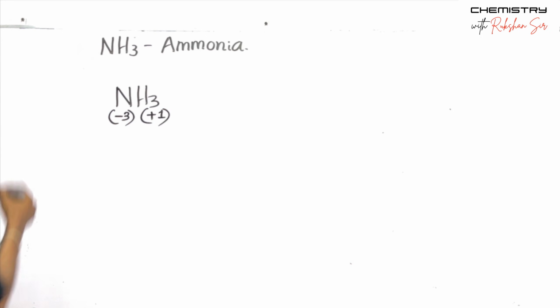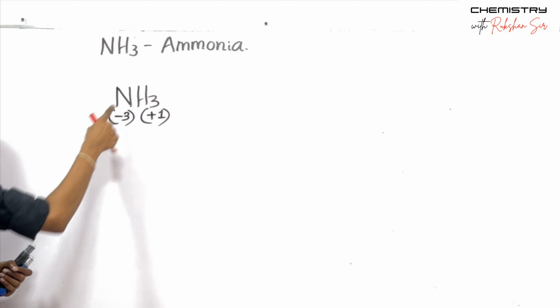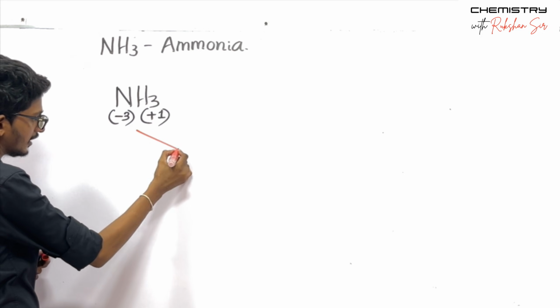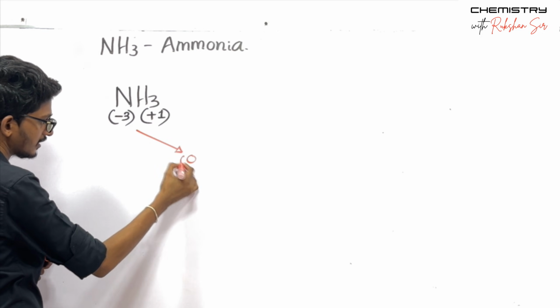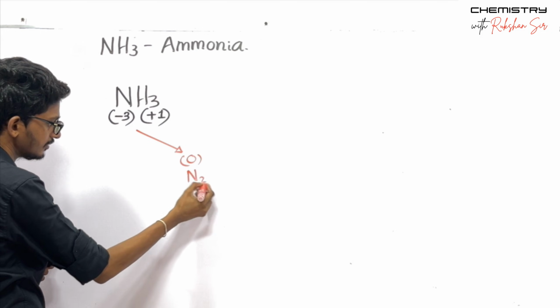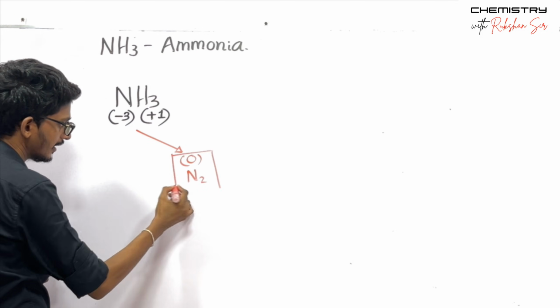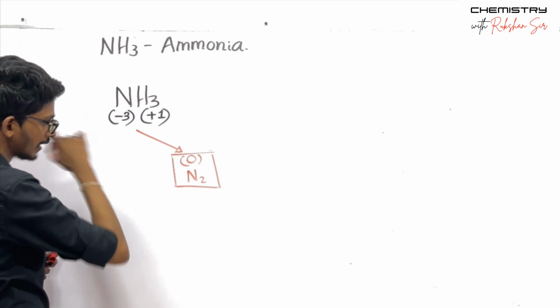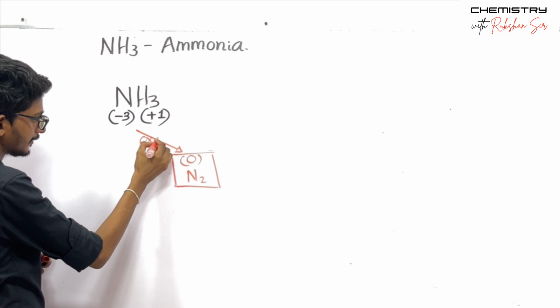Ammonia's nitrogen is in its lowest oxidation state, so it can get oxidized to the 0 oxidation state, which is N2. So ammonia can be oxidized to N2.